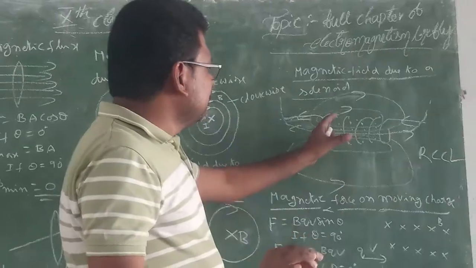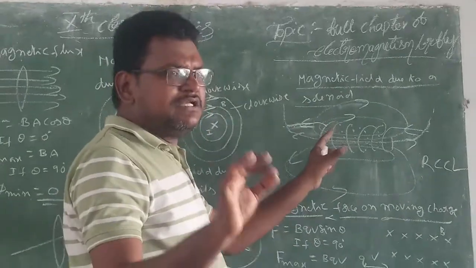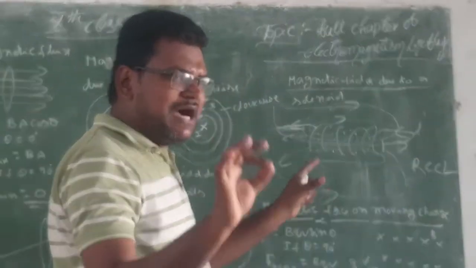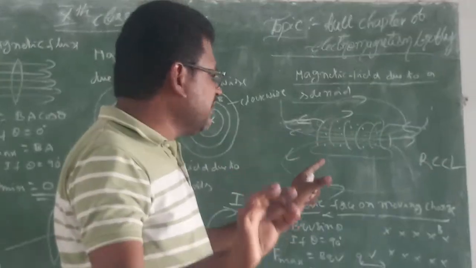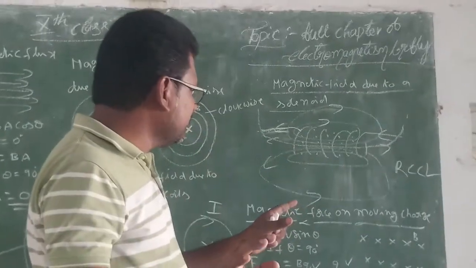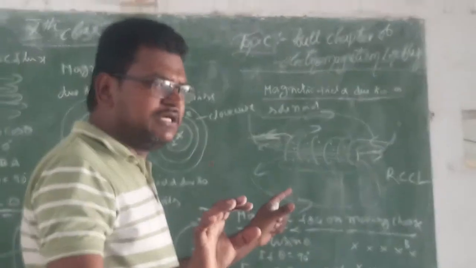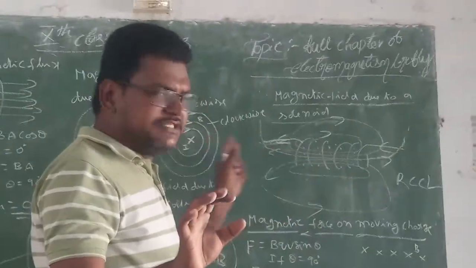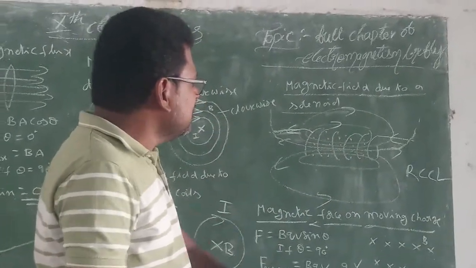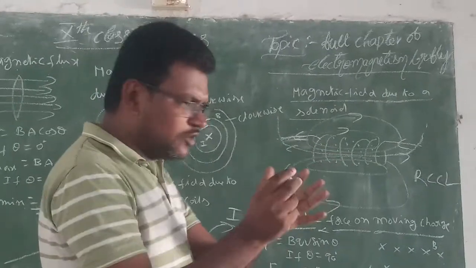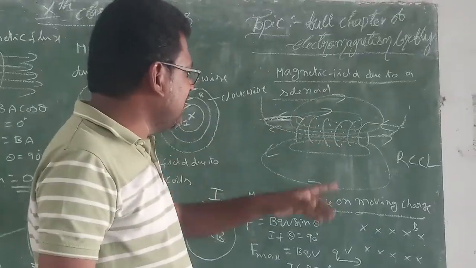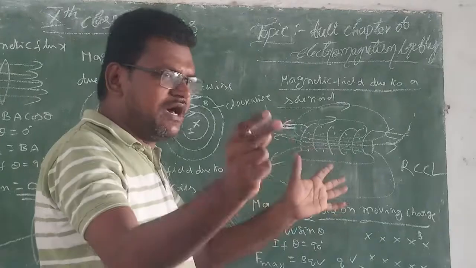See here, inside a solenoid the magnetic field is uniform. At any point inside a solenoid, the magnetic field is constant. The direction of the magnetic field is along its axis. The magnetic field lines inside a solenoid are closer, whereas outside a solenoid the magnetic field lines are separated by a large distance.